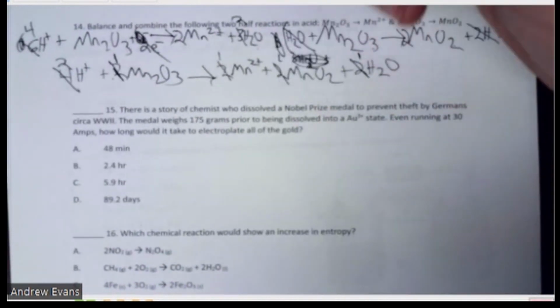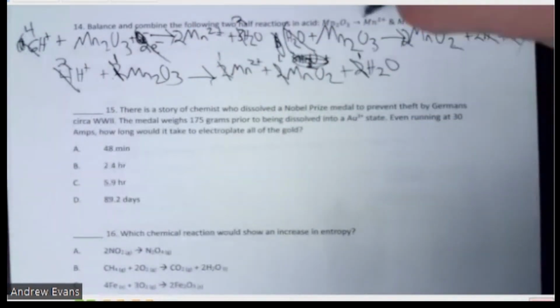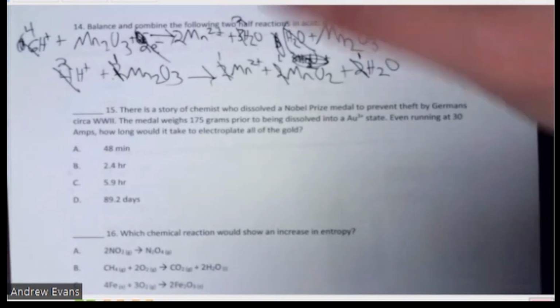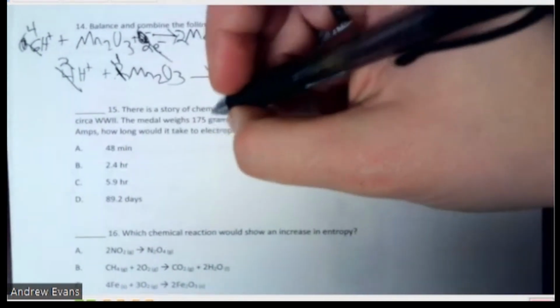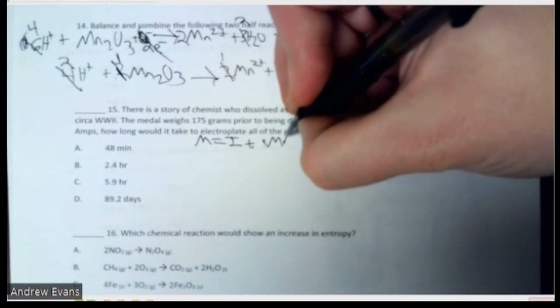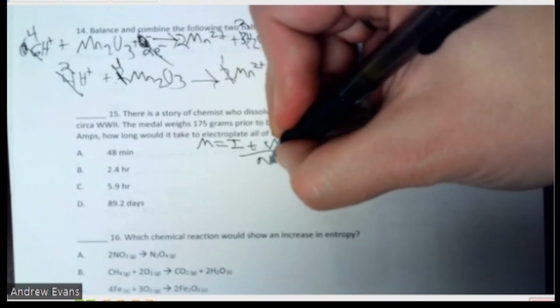Okay. Story of the chemist who dissolved the Nobel Prize to prevent theft by Germans in circa WW2. The metal weighs 175 grams prior to being dissolved, gold 3 plus. You can run at 30 amps. How long would it take to electroplate the gold? So mass is equal to current times time times molar mass over NF.